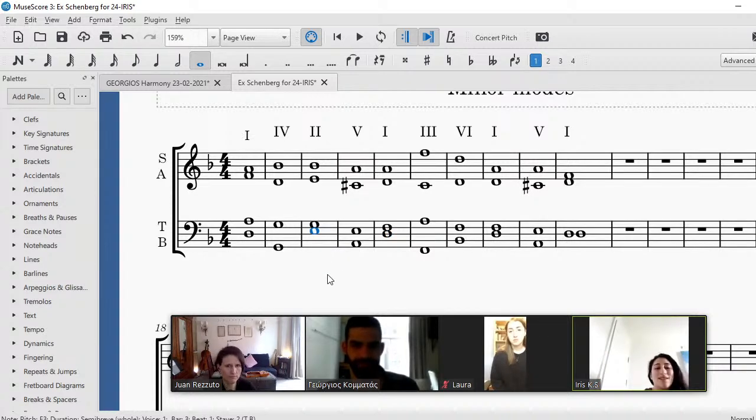Yes, but I didn't know about the jump from. Well, no, look at this. This is a little too much. From here to here is fine. From here to here is more than fine. Because you have a similar motion. This goes one tone up. This has a leap.